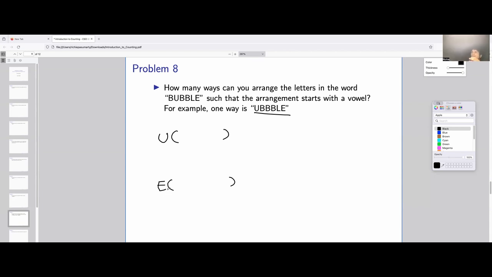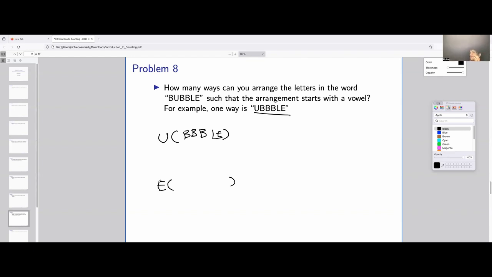These two cases can't occur at the same time. If they could, we'd have to do a correction afterwards, but they don't. For those arrangements which start with the letter U, we have to reorder these other letters: B, B, B, L, E. So I have to reorder these 5 letters.